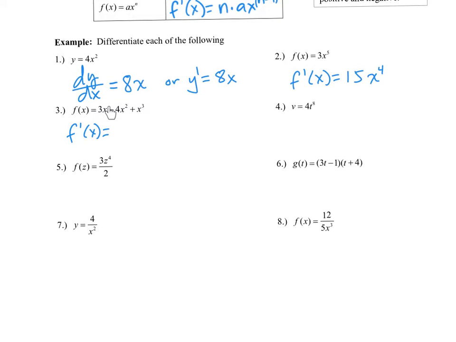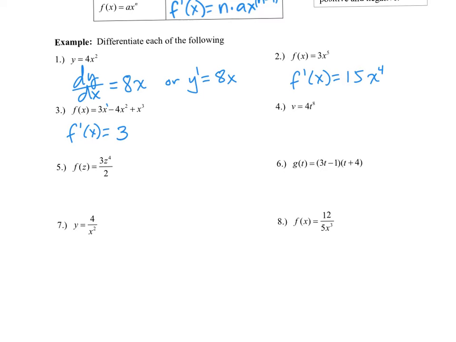So if I bring the 1 around and multiply it by 3, 1 times 3 is 3. And then it's going to be 3 times x to the 1 minus 1. Remember there's this invisible exponent of 1. 1 minus 1 is 0. And of course, x to the 0 is equal to 1.